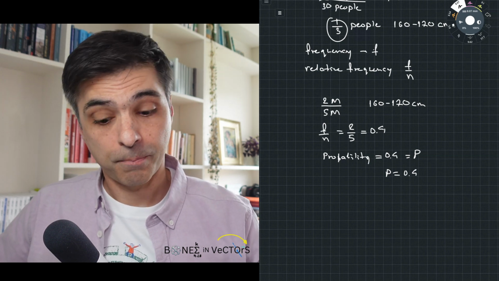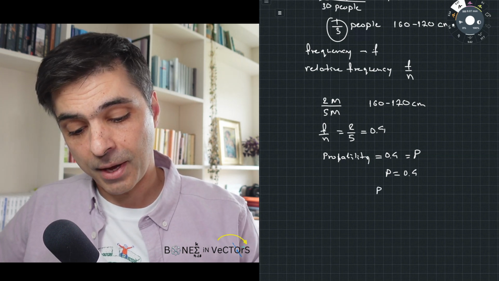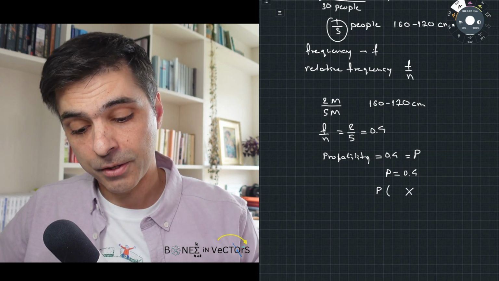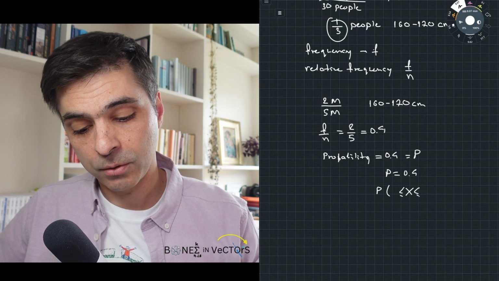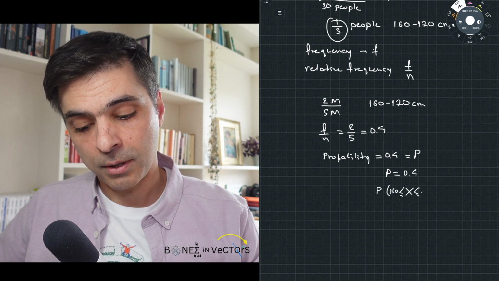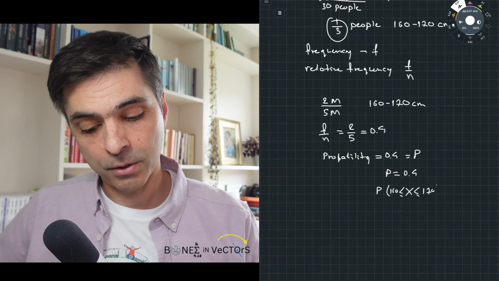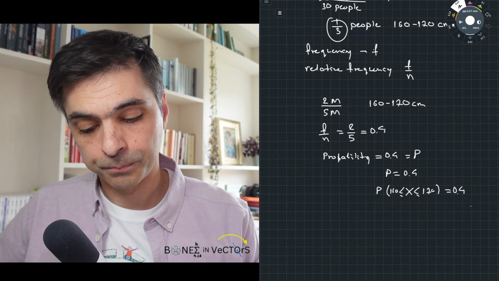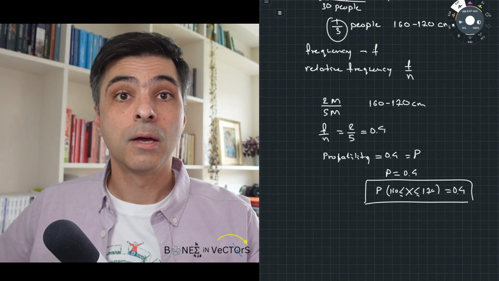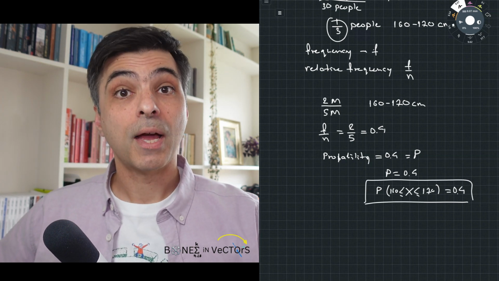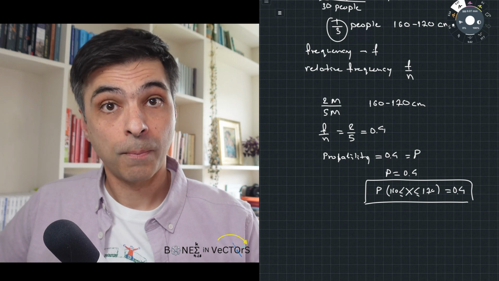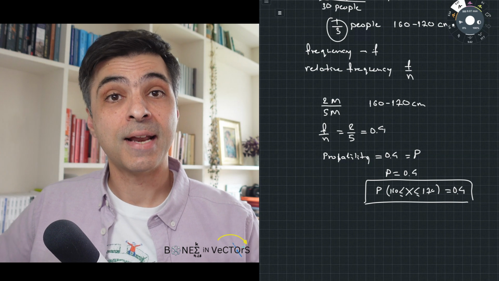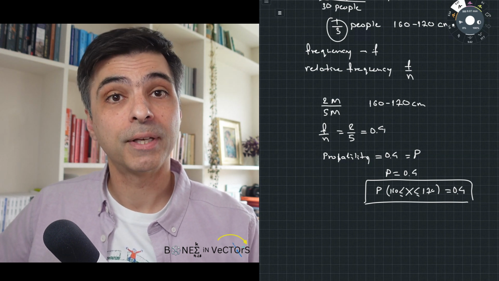Or even better, P that someone, which we symbolize by X, is between 160 and 170 centimeters equals 0.4. In other words, as we walk down the road, we have 0.4 probability that the next adult person we meet is as tall as that.